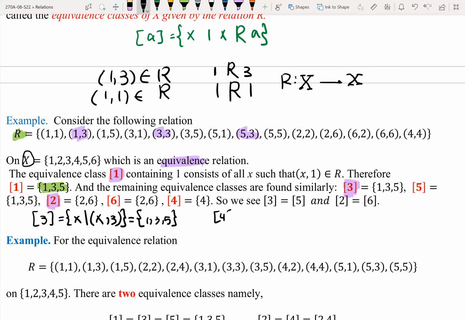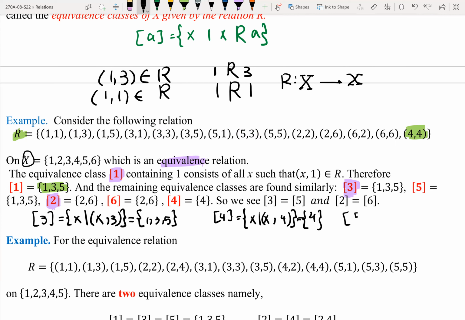Class of 4 is the set of all x's where x is the first element and 4 is your second element. I have, where is it? Only here, right? No more 4. It has only 4.